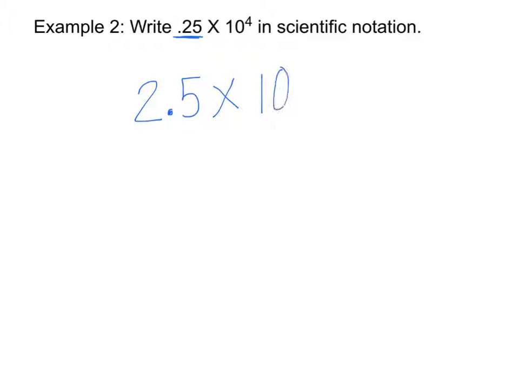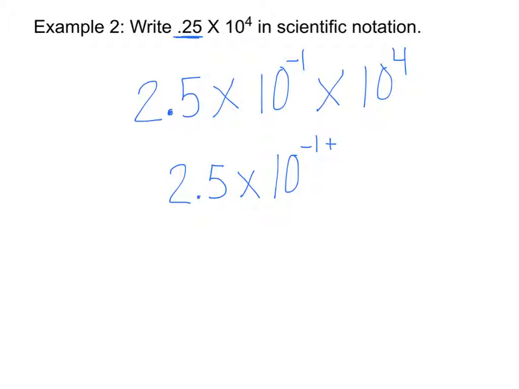So we have 10 to the negative 1 power. Then it's also times 10 to the 4th power. So to finish this, it's still going to be 2.5. Add our exponents: 10 to the negative 1 plus 4. So our answer is 2.5 times 10 to the third power.